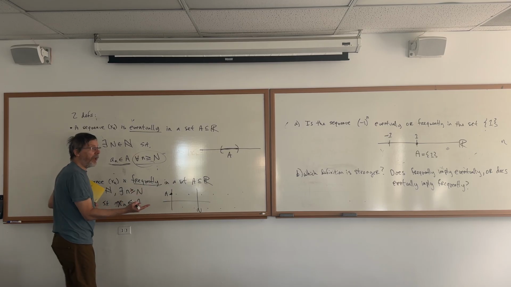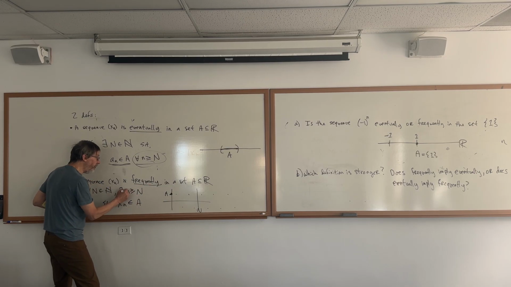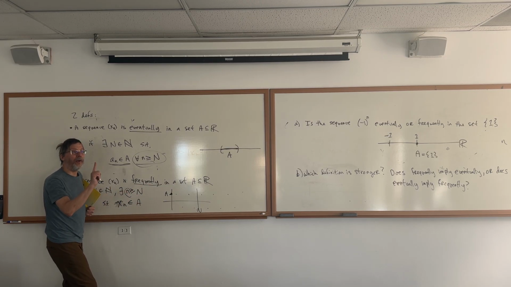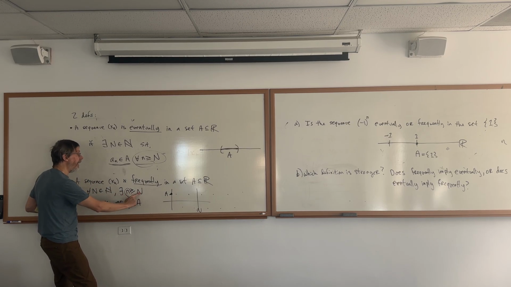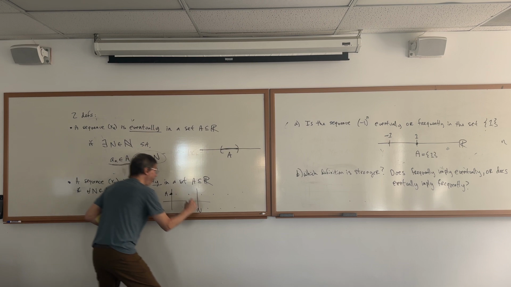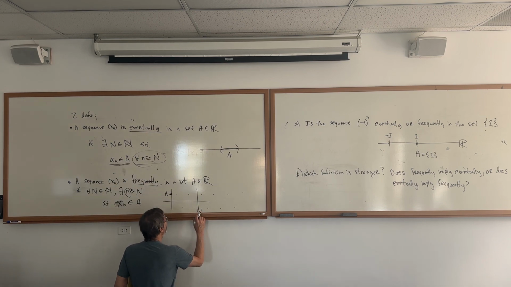There exists just a single place, a location past there. So it's not saying for all n past that big N. It's saying, you tell me where you want to go, and I can always find some place after this where, yep, I'm in there, right there. And you move out here, and I go, yeah, this one falls into the set.